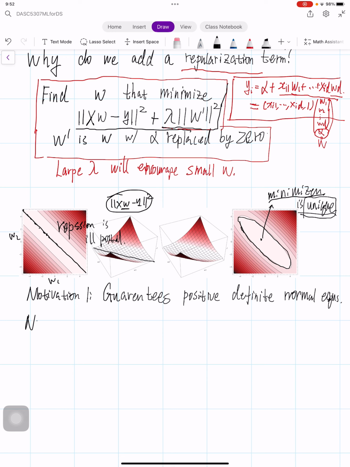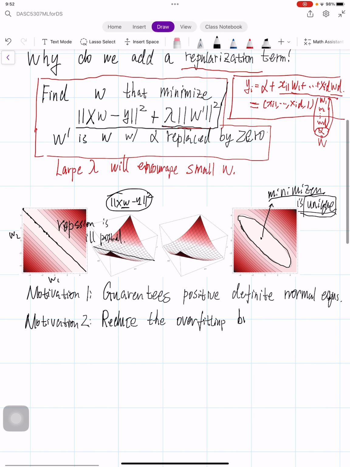Motivation 2. By adding this regularization term, we can reduce the overfitting, by reducing the variance.